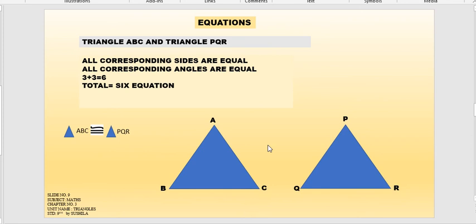Because AB is equal to PQ, with respect to the sides, 3 equations will come. With respect to the angles, 3 equations will come. 6 equations will come. Okay, and with these equations, by looking at the figure and comparing with the activity performance, we can say these two triangles are equal.